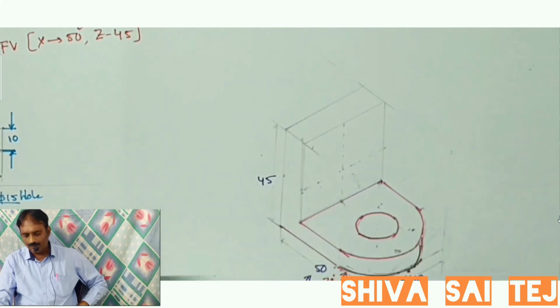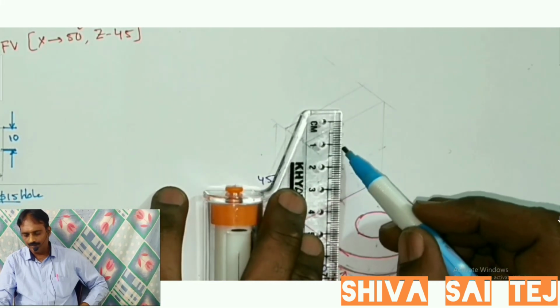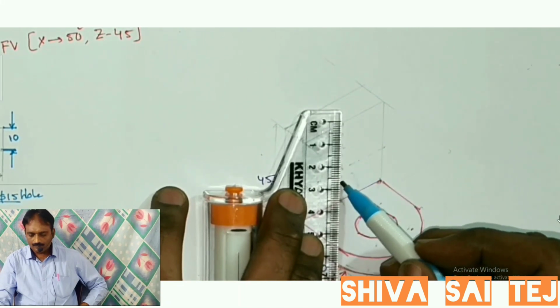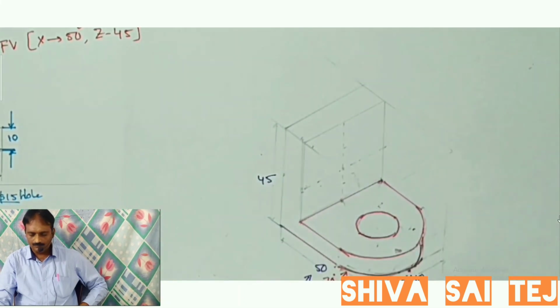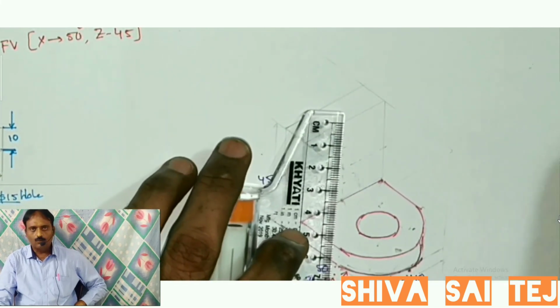And we have to repeat the same procedure. So we have to locate 15 units of length onto the center line, and construct a rhombus in that particular plane, that is YZ plane.